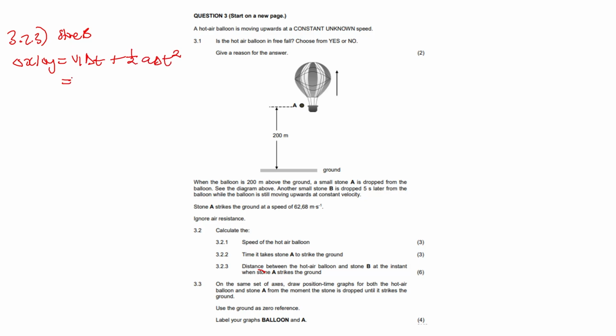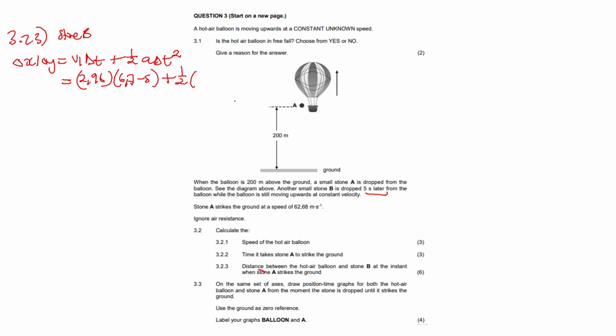All right, initial velocity was calculated as positive 2,96. My time, remember, the time it takes stone A to reach the ground was 6,7. And when was stone B dropped? Stone B was dropped 5 seconds after stone A was dropped from the balloon, so we can just minus 5 from that.